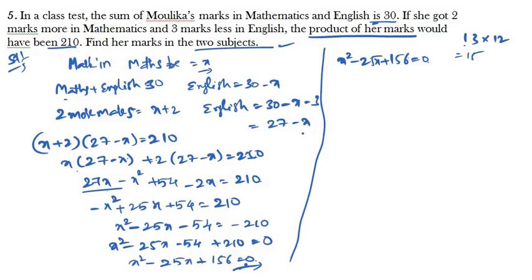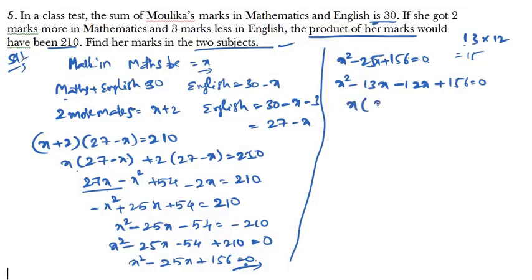X square minus 13X minus 12X plus 156 is equal to 0.